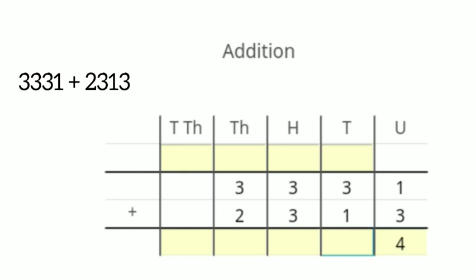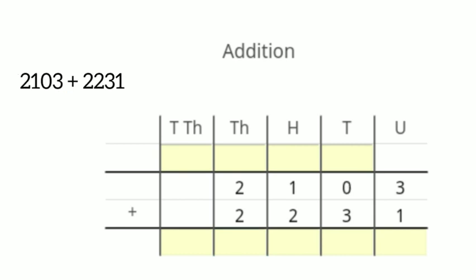At the tens place, 3 plus 1 is 4. Hundreds place, 3 plus 3 is 6. Thousands place, 3 plus 2 is 5. So we got the answer 5644.